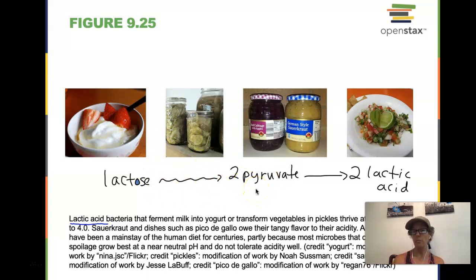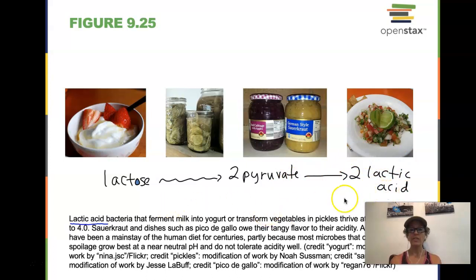If it's anaerobic, it will do this process because the enzymes for glycolysis do not depend on the presence of oxygen. However, if this organism finds itself in an environment where there is no oxygen, it cannot continue to the citric acid cycle and electron transport. It will take those pyruvate and do fermentation and make lactic acid.